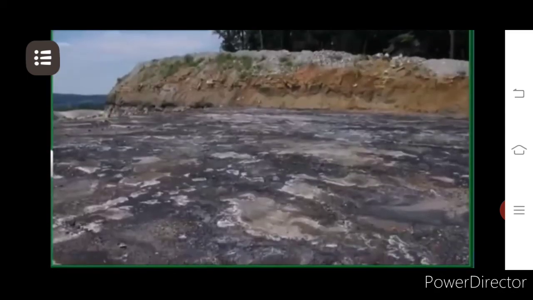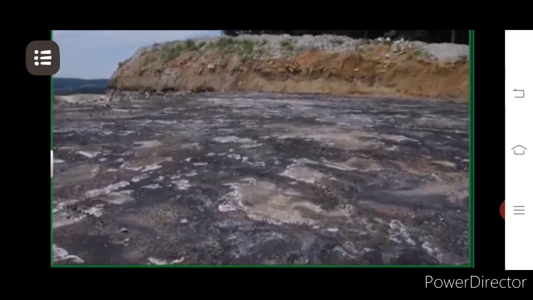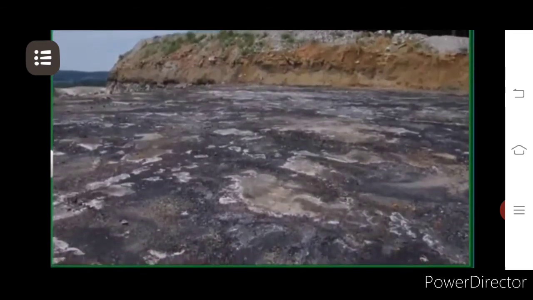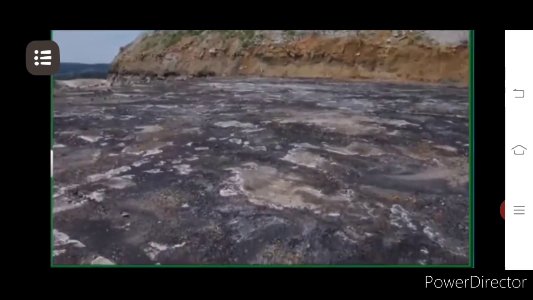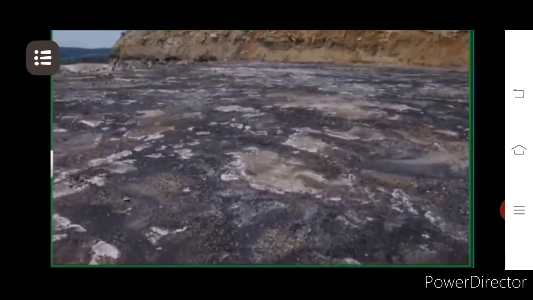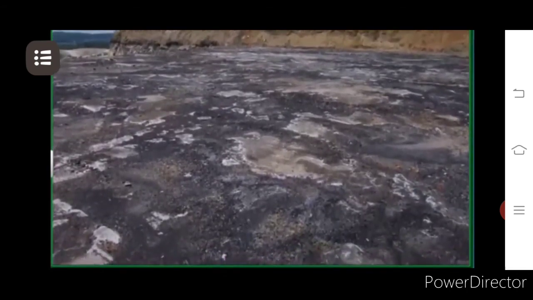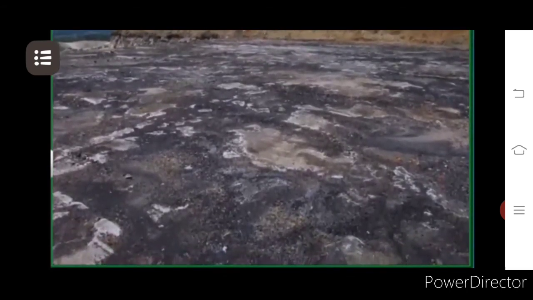If we look in sedimentary rocks, we will find minerals like coal and iron ore in thick beds or layers. These mineral beds are formed due to great amounts of heat and pressure exerted on mineral deposits over millions of years.